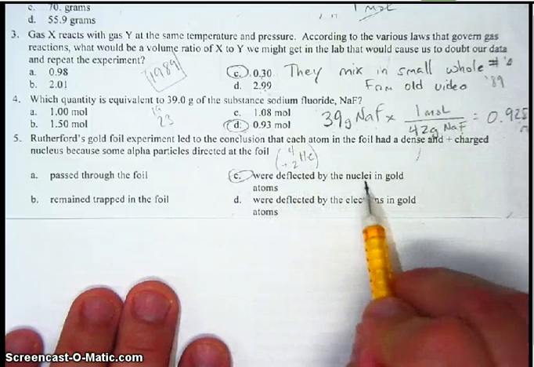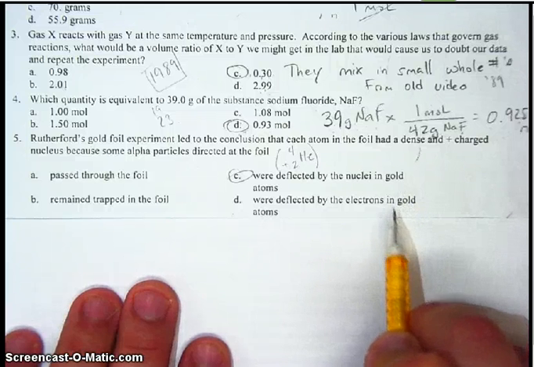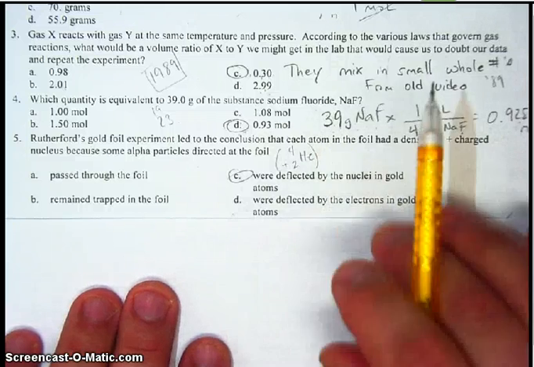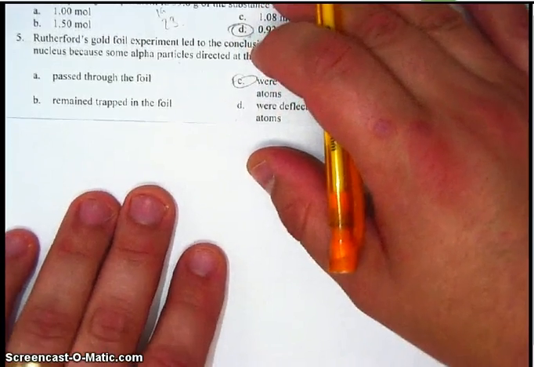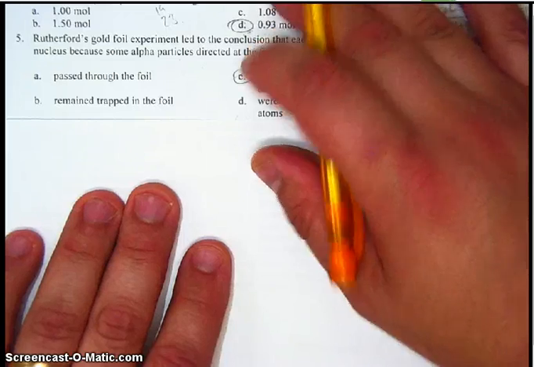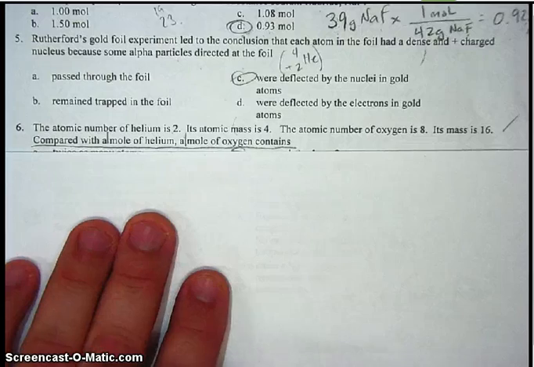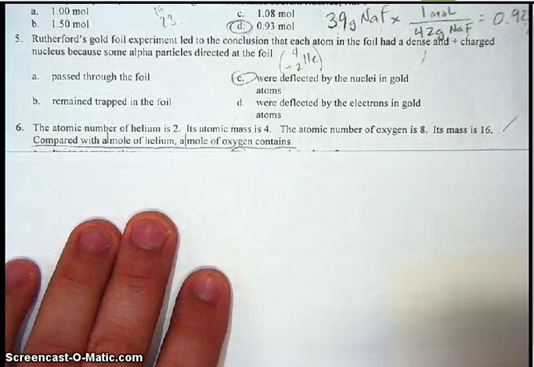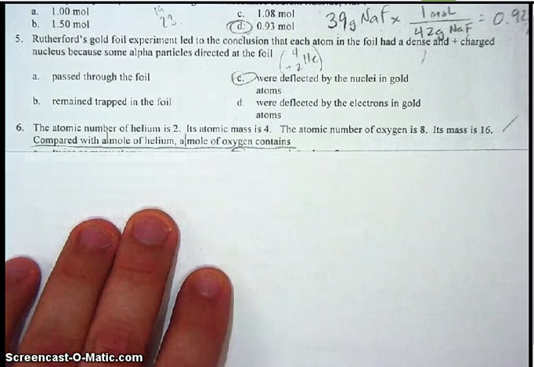And when those hit the nuclei in the gold, since the nucleus is positively charged, it repelled them, and that's how you discovered the proton. So there was something in there that was positive that was deflecting those others. Like charges repel. So if you try to push the same sides of magnets together, they're going to repel.